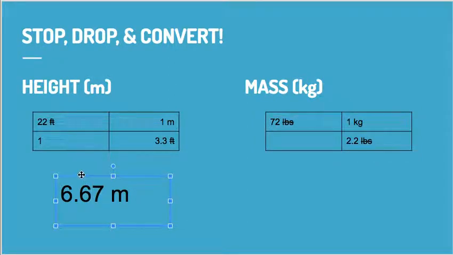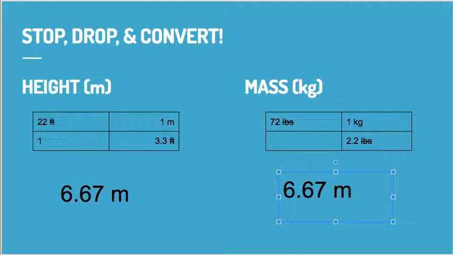And then we are going to type in the calculator 72 divided by 2.2, which is 32.73 kilograms. Okay, so these are the values we'll move forward with in our scenario.